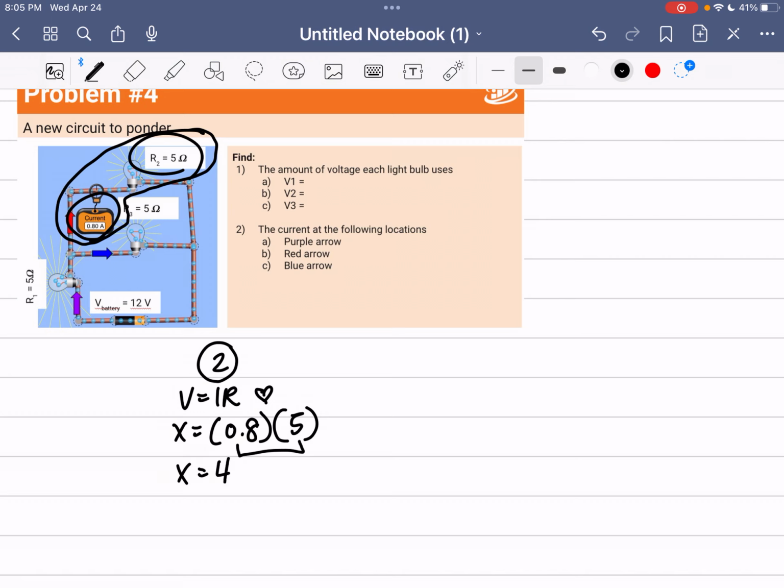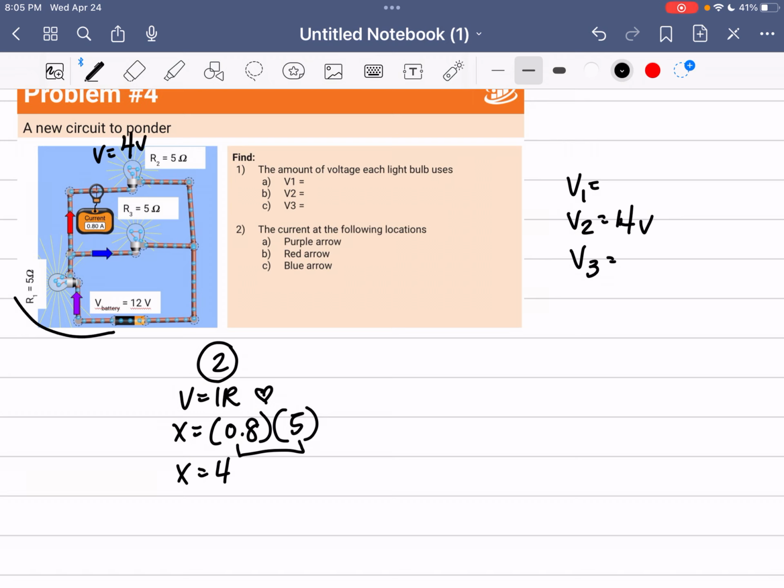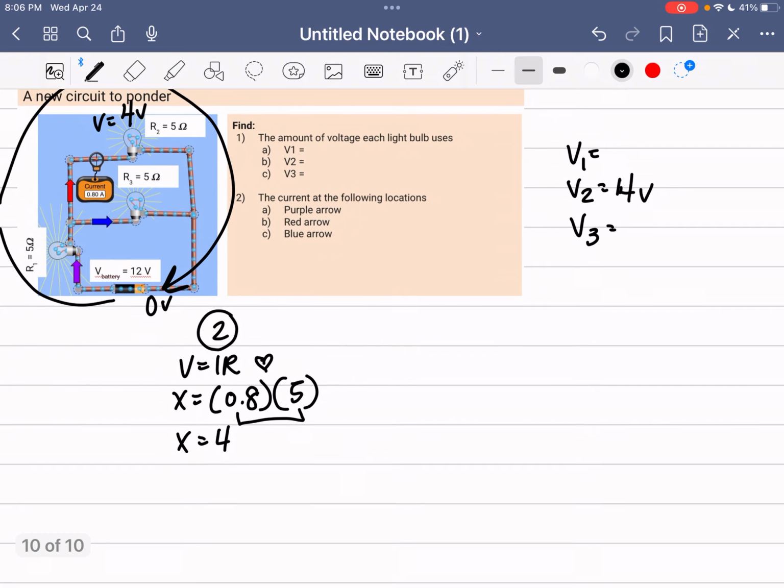So our voltage for light bulb 2 is 4 volts. Now what we said, how when it completes the circuit, it needs to be at 0 volts, right? So this path, they're sharing the current here and here.